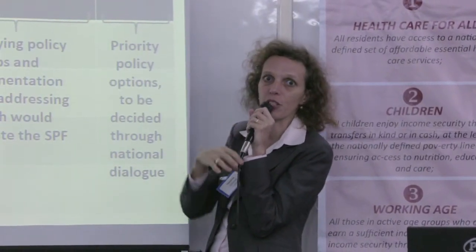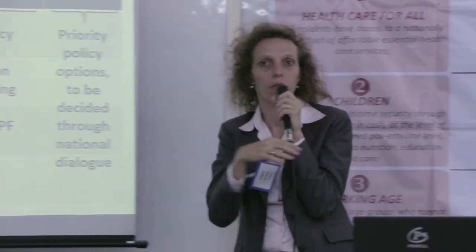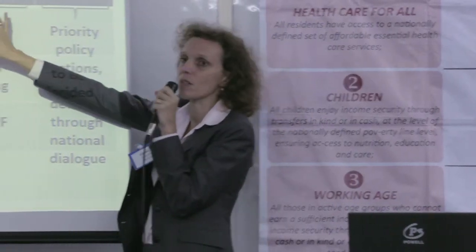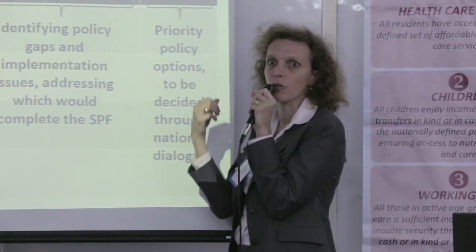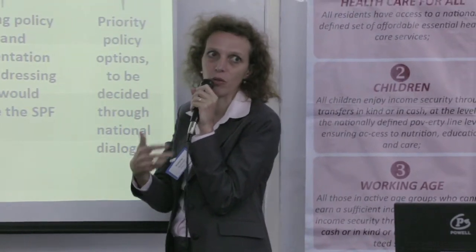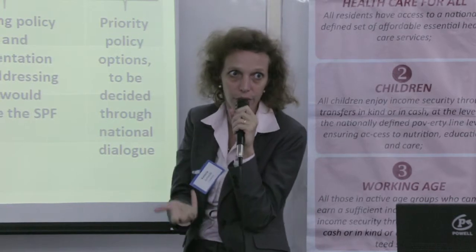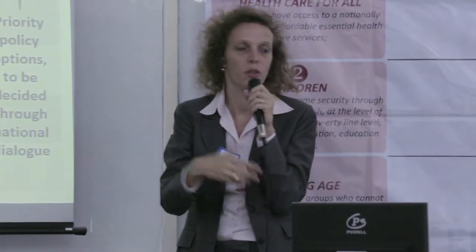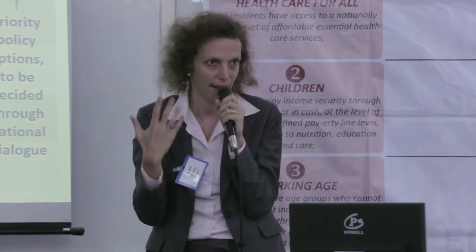Several persons have mentioned this morning that we have to work on the demand side and the supply side at the same time. One of the recommendations may be, for instance, that we need to improve the quality of healthcare, otherwise it doesn't mean anything to implement a social protection for health, because even if people have access to healthcare and there are no healthcare facilities, it doesn't mean anything.